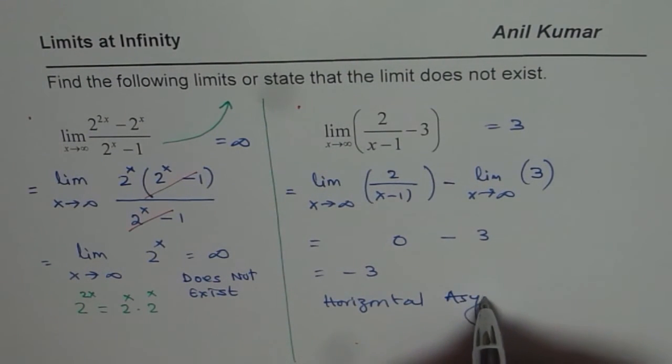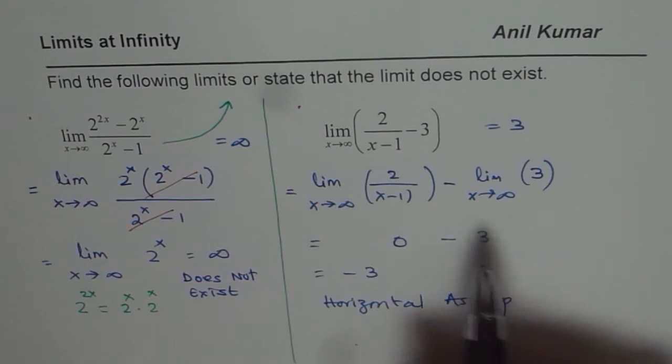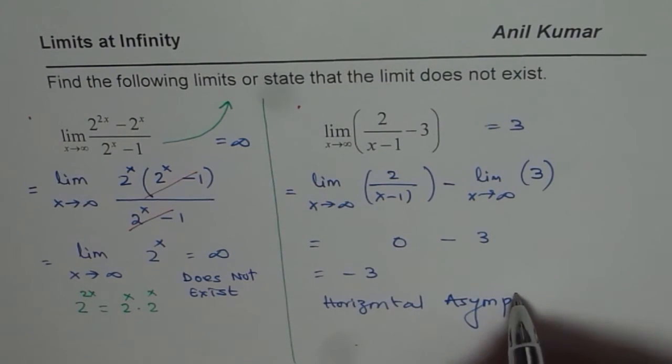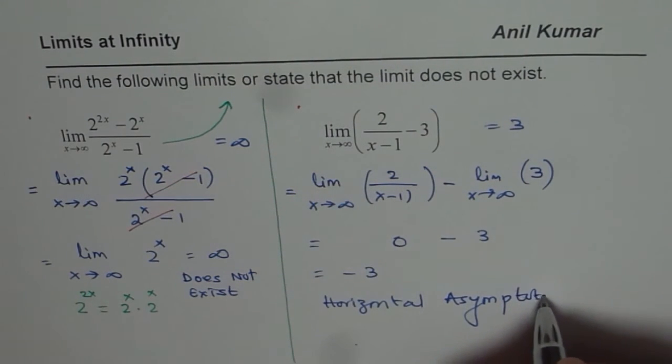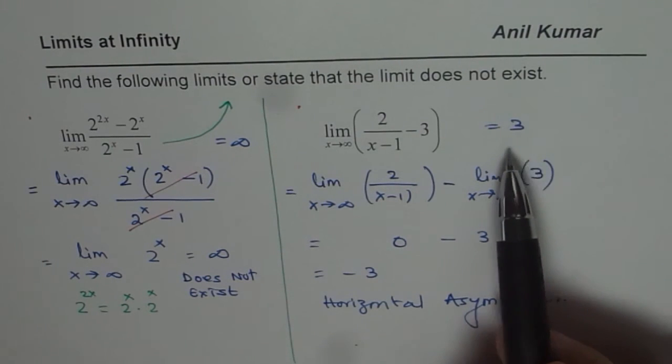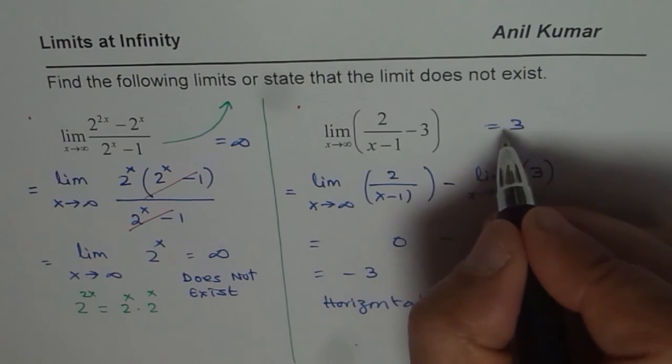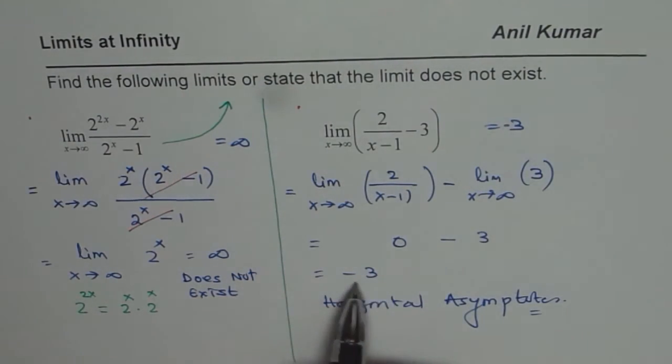In that case, they are indirectly telling you to find the limit as x approaches infinity. That is another way of looking at it. That means the function is approaching a value of minus 3, but it is not quite there, and therefore we say it's approaching, and it's a horizontal asymptote. I hope that helps. Thank you and all the best.